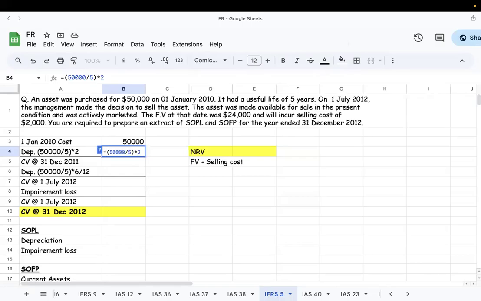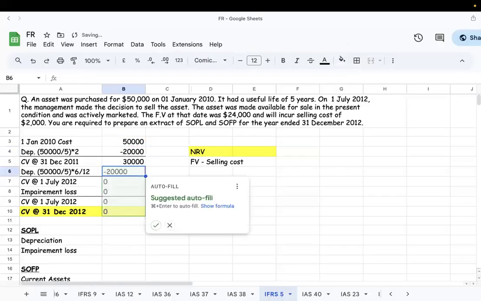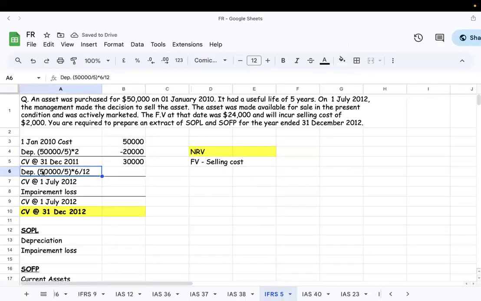So I've split it. At the end of 2011, the value of the asset is this one. And then again, I'm going to calculate the depreciation, but this time just for 6 months.